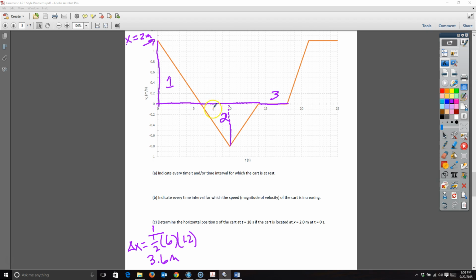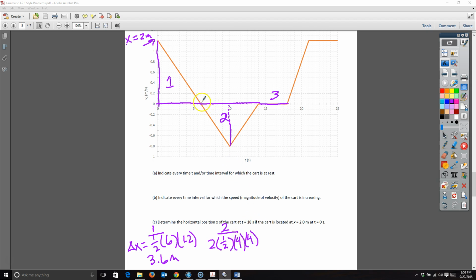Now we've got to figure out what area here it travels. So now this is going to be for part 2. We're going to say this is 2, because I have 2 triangles, times 1/2 times 4 times 4.